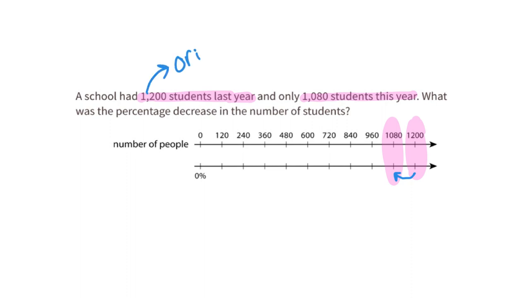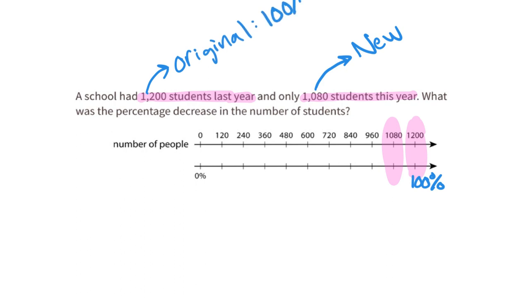This is our original amount. 1,080 is our new amount. So let's say our 1,200 is 100% because the original amount is always 100%.